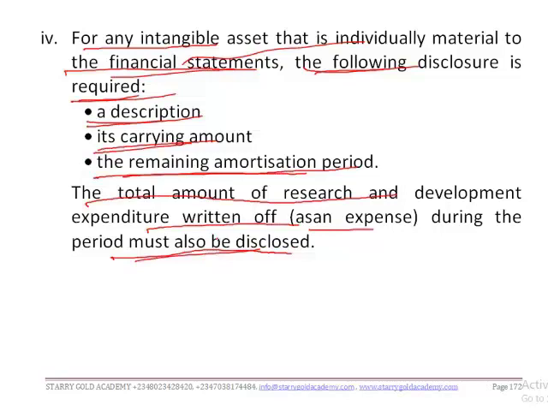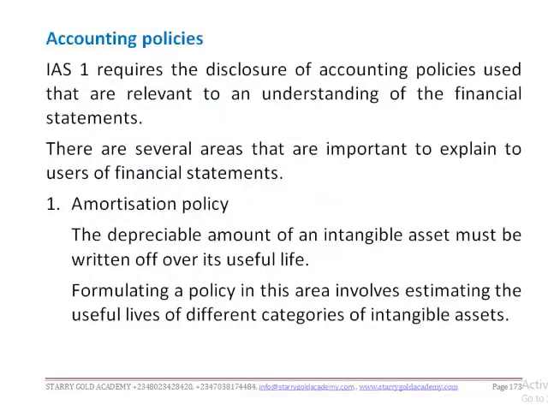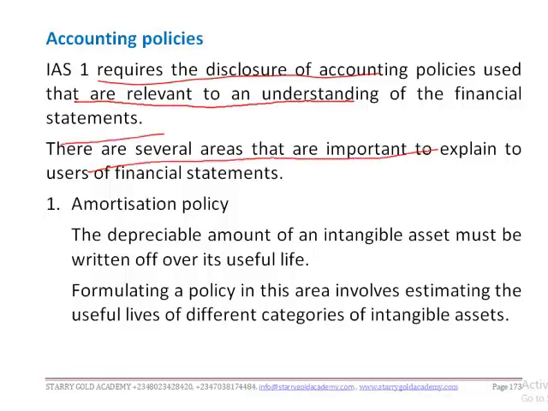Now, accounting policies for intangible assets. IAS 1 requires the disclosure of accounting policies used that are relevant to an understanding of the financial statements. There are several areas that are important to explain to the users of financial statements, one of which is the amortization policy adopted.